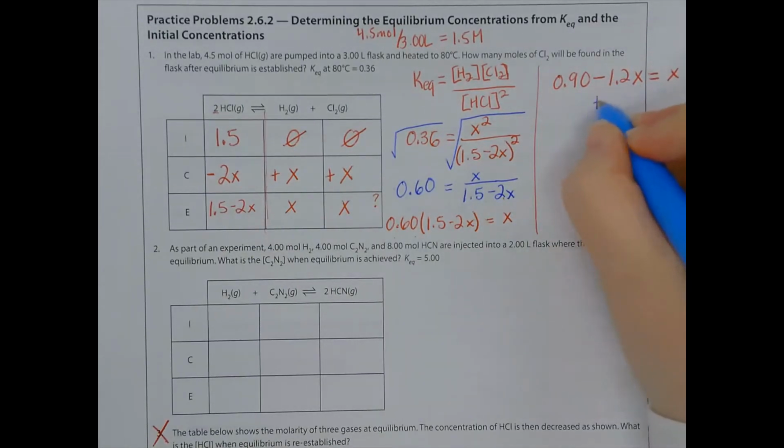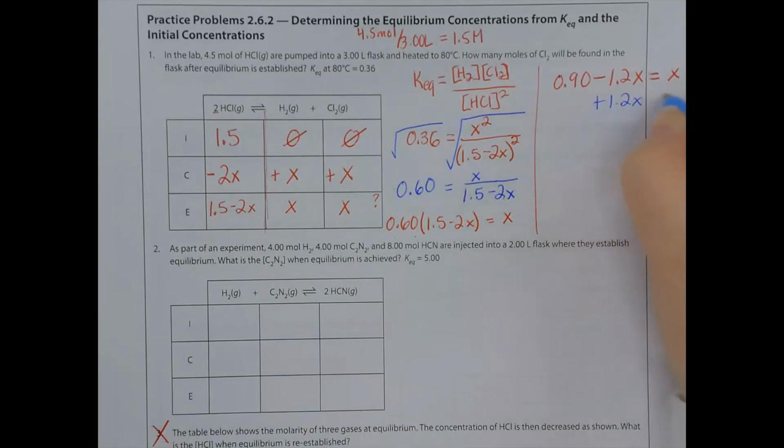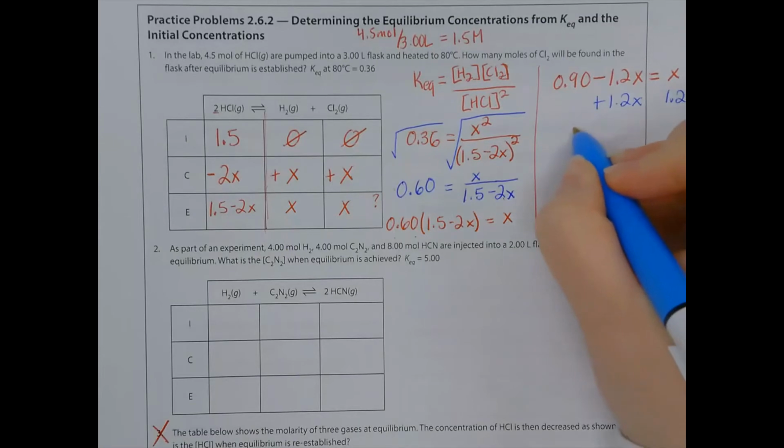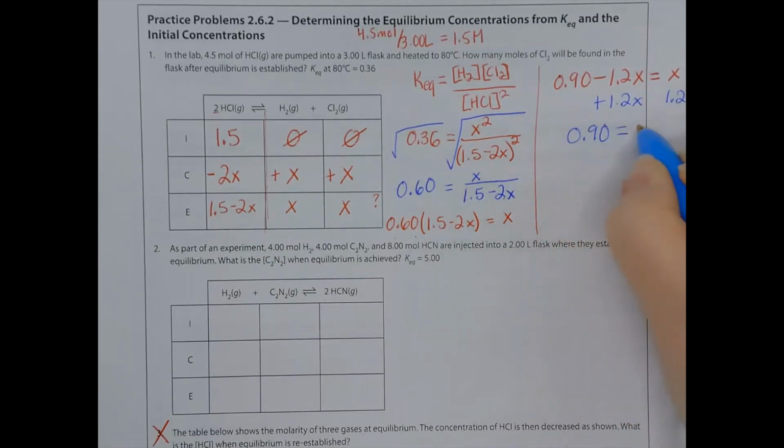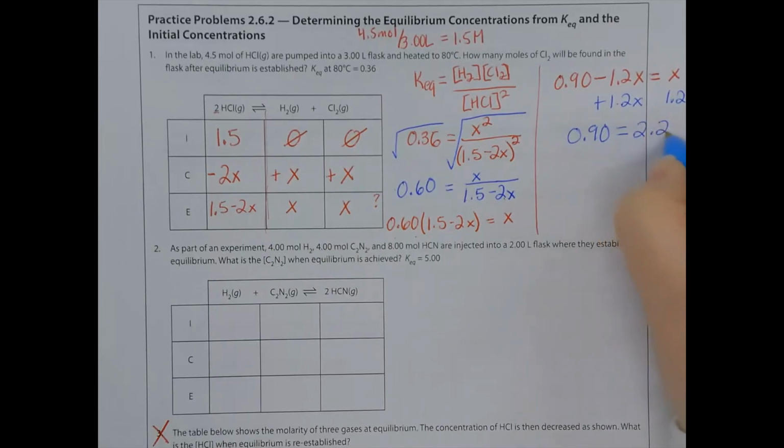We want to add this 1.2x to both sides to gather our x's together. So we get 0.90 equals, we've got 1x plus 1.2 gives us 2.2x. So be careful with that. Make sure you're adding that 1 there.